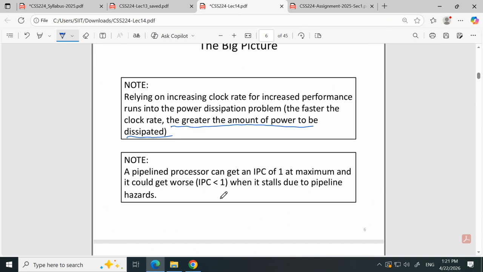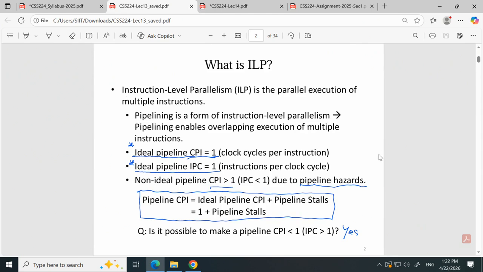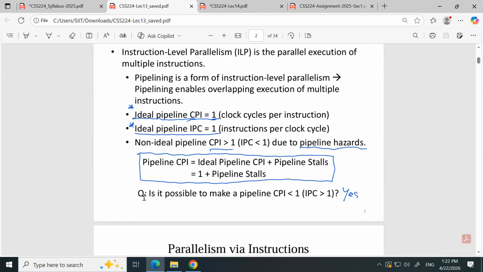Okay, so I already told you guys the ideal IPC is 1. In case you don't remember, I have a question in lecture 13. Is it possible to make a pipeline CPI less than 1?